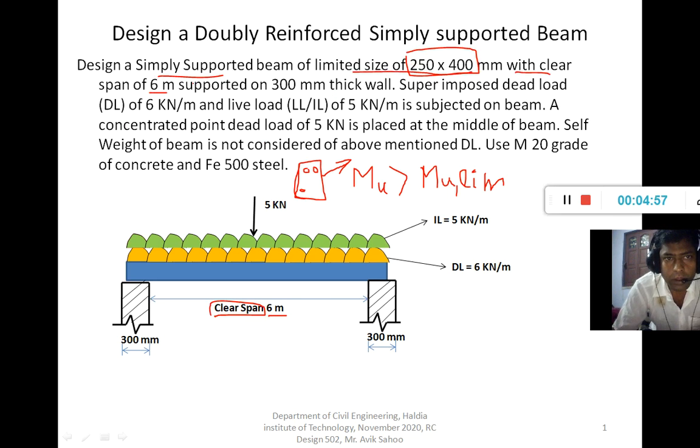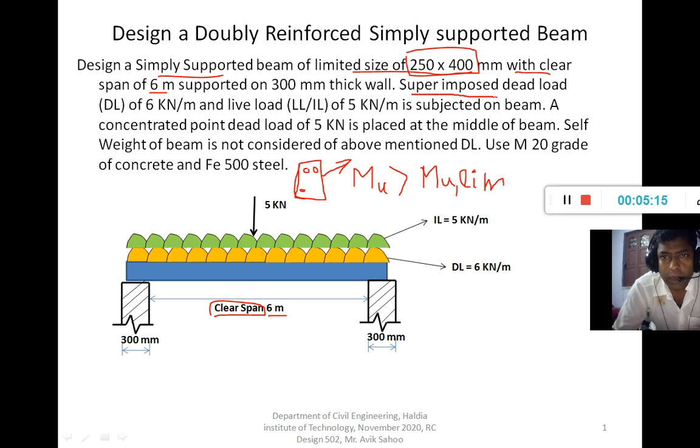And this beam rests on a 300 mm thick masonry wall. The wall thickness is 300 mm.